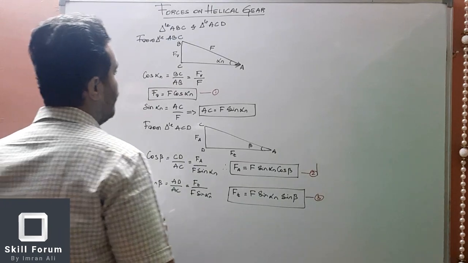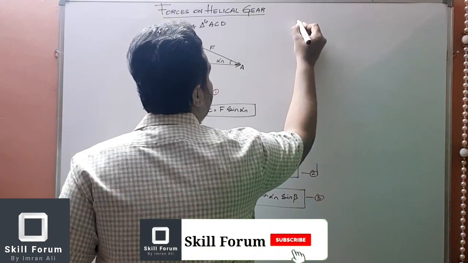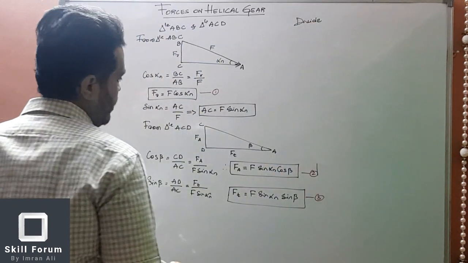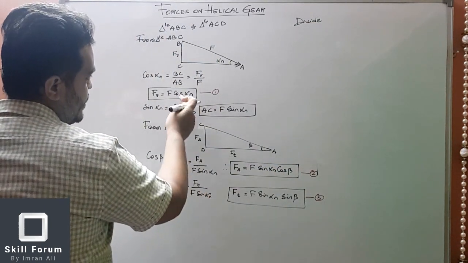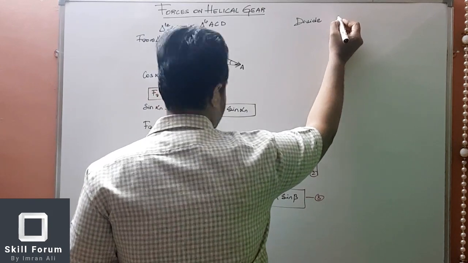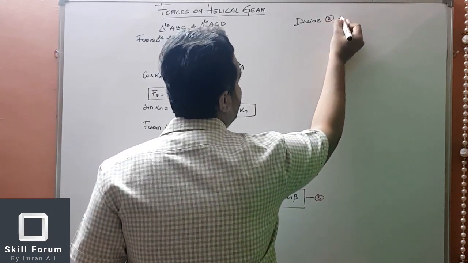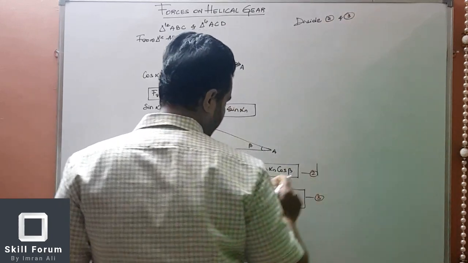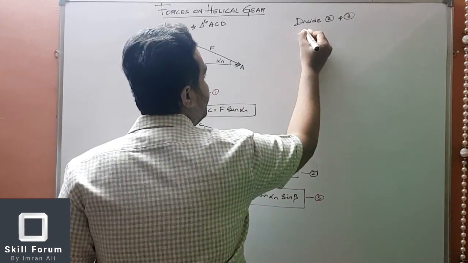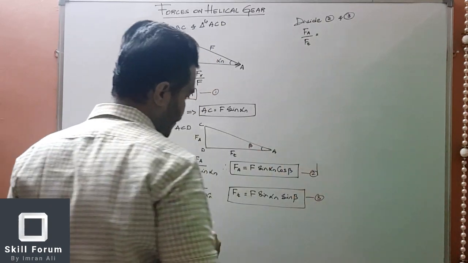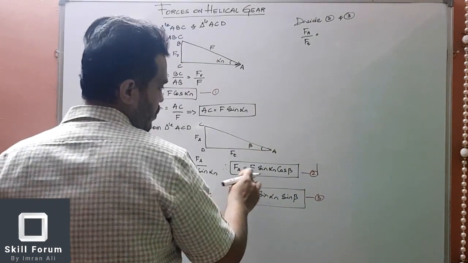So what we need to do, we have to divide equation 2 and equation 3, we will get FA by FT is equal to, what is FA?